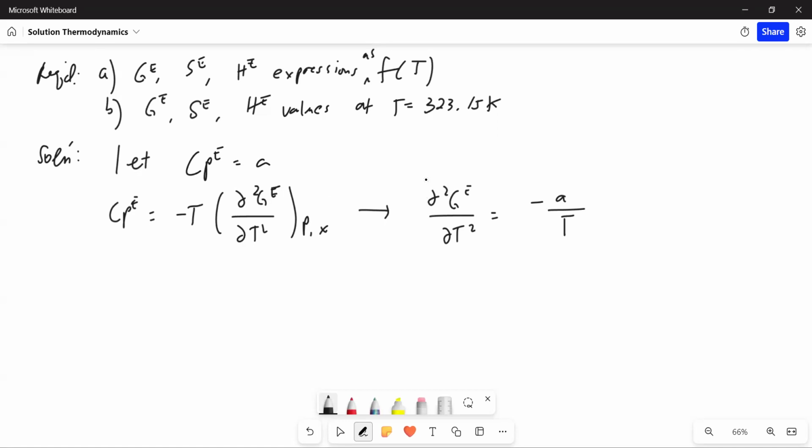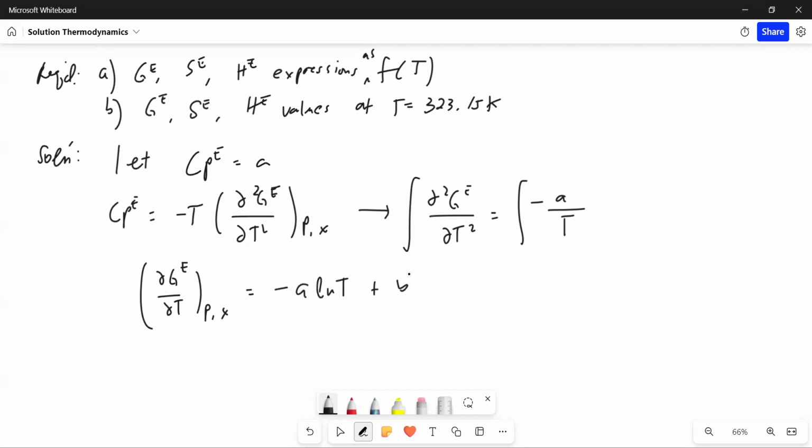So we want to integrate this equation, and what we get is the first integral would give us this expression, okay? Negative A ln T, right?